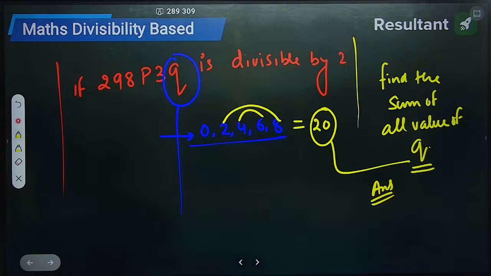Now come to the next. Please confirm, is that clear or not? If yes, then please confirm.